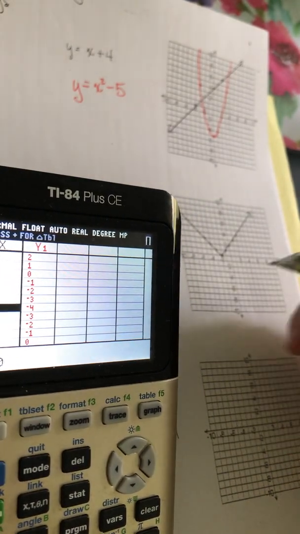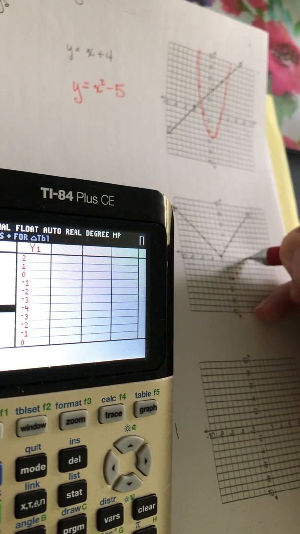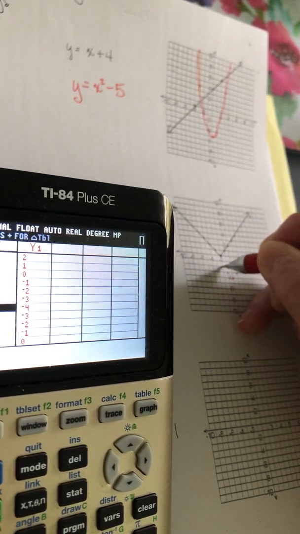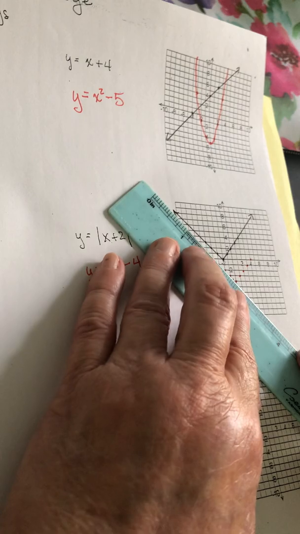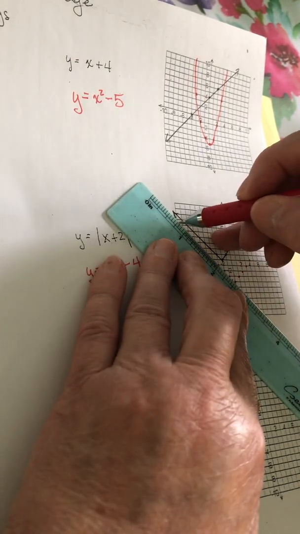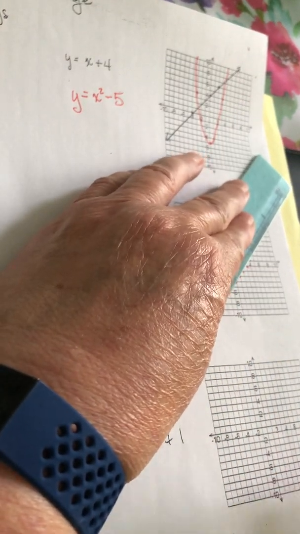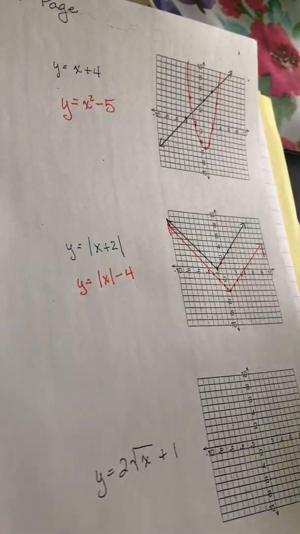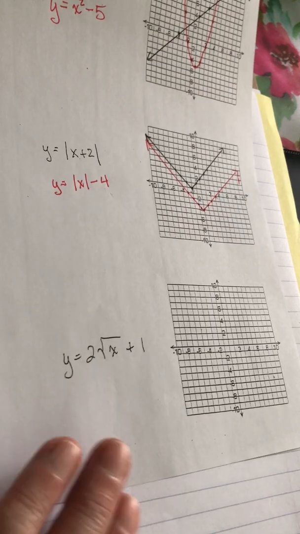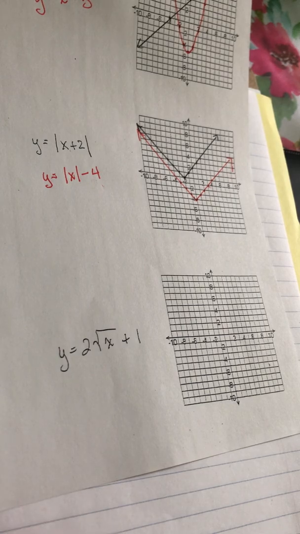Again, the numbers are just going by 1, so if I plot my bounce point at -4, I can just very easily plot my points and then use my handy dandy ruler, because your teacher likes straight lines. Okay, so there we've got a second one, and it's just moved. It's the same shape, it's just moved.